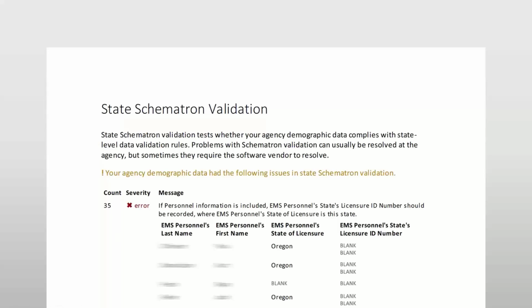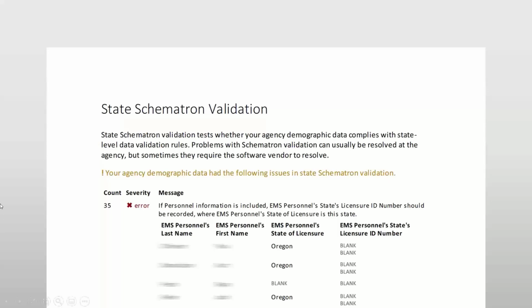Prioritize the errors first. If you submitted data with errors, then your data was rejected by the state system and not processed. So those errors must be addressed. If you submitted data with warnings, your data was accepted by the state system and it was processed, but there's room for completing blank information and taking care of those issues.